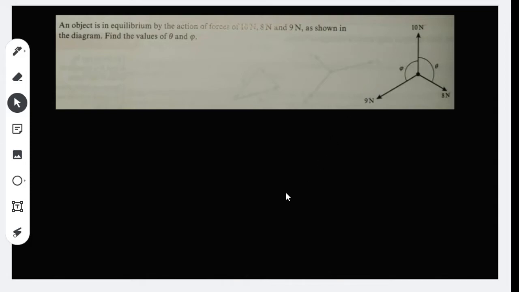Now, when we use the method of the triangle of forces, we first need to redraw the diagram as a triangle of forces. Okay, so we're going to redraw it. So it will become, this is your 8 Newton.